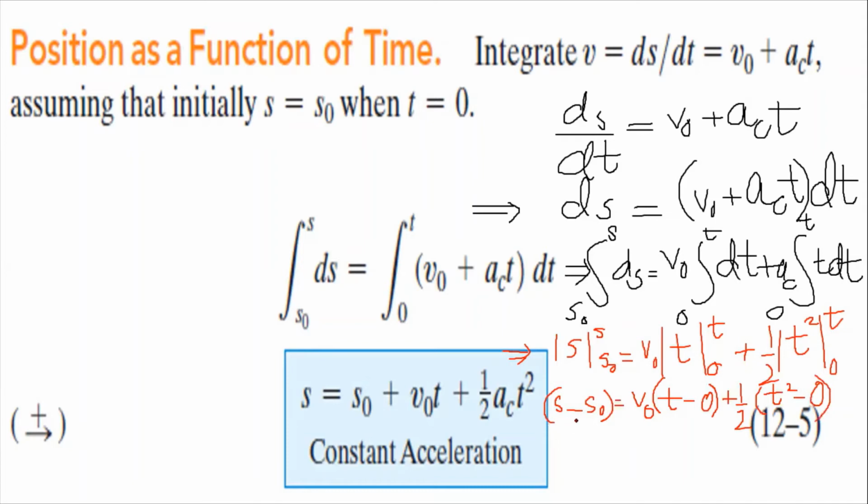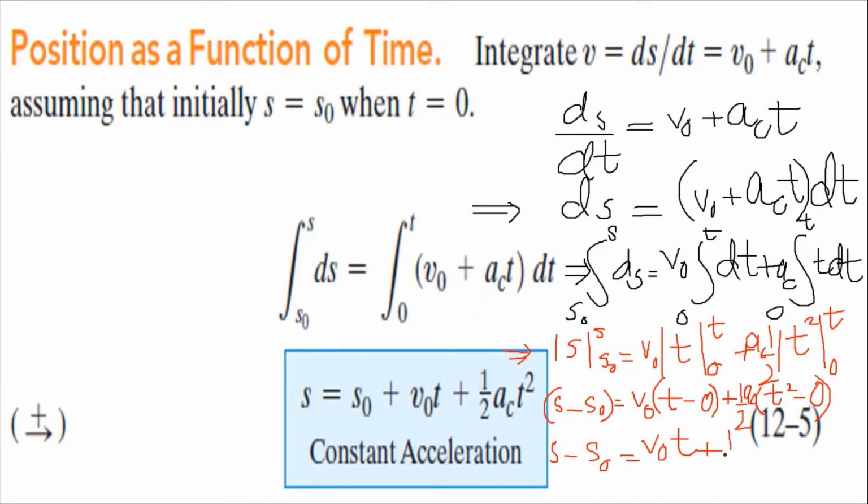So s minus s naught equals v naught t plus, we forgot to write down a because a is here, so we should write a also.